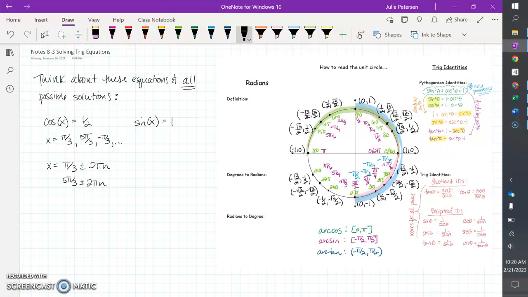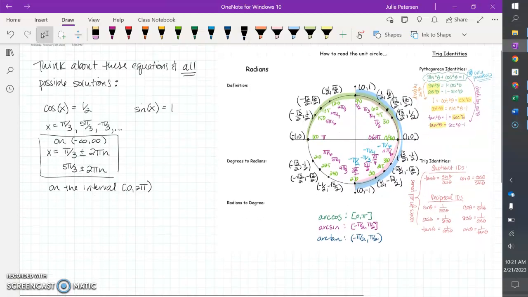We may sometimes have a restriction that says we just want to see the interval from 0 to 2 pi. These were on the interval from negative infinity to infinity. So that's for these. If we just want the interval between 0 and 2 pi, and notice how I've included 0 but excluded 2 pi, that gets us all our angles in one revolution.